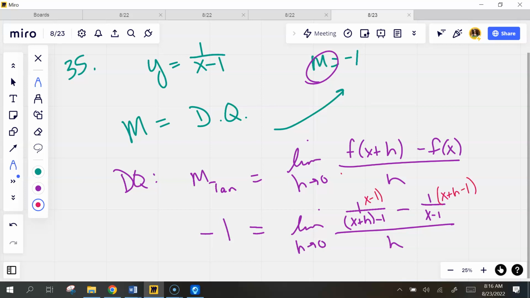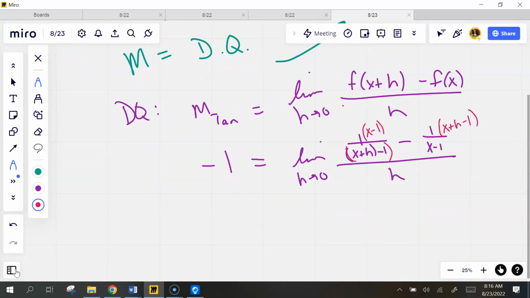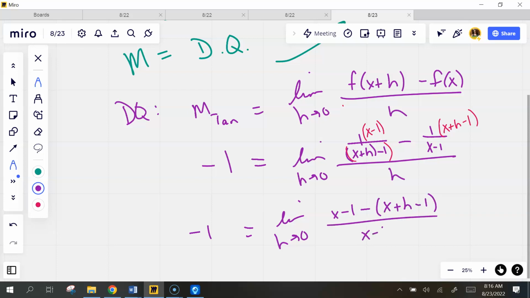And you can just put this whole bottom here in parentheses. All right, so I end up with the limit as h goes to 0 of x minus 1 minus all of this gobbledygook, all over x minus 1 times x plus h minus 1. And I'm going to go ahead and say this is times 1 over h, just to get a complex fraction going.